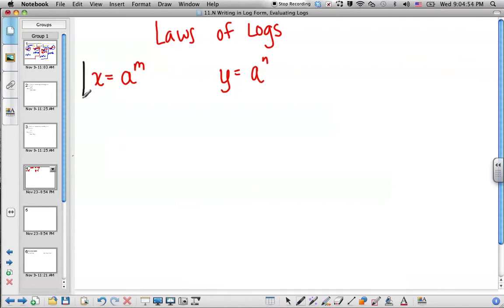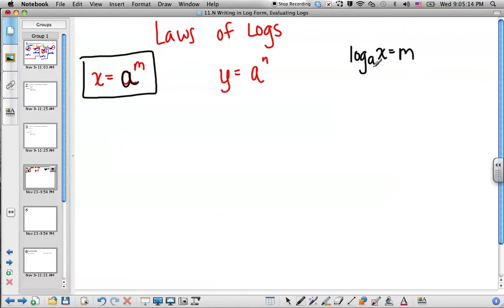So I'll start here with this one. It's written in an exponent form. To write it in log form, we would look at our base first, our base being a. So we would write log base a of our answer, which is x, and that equals m.